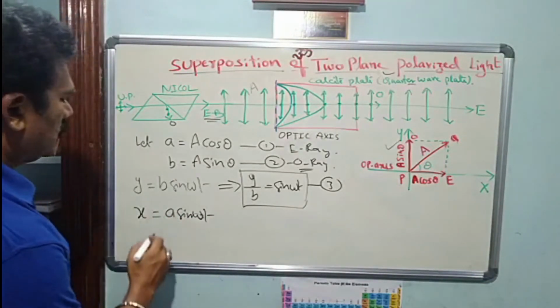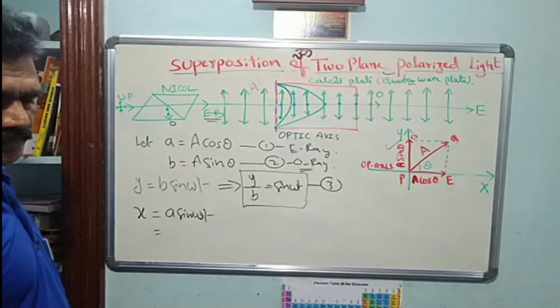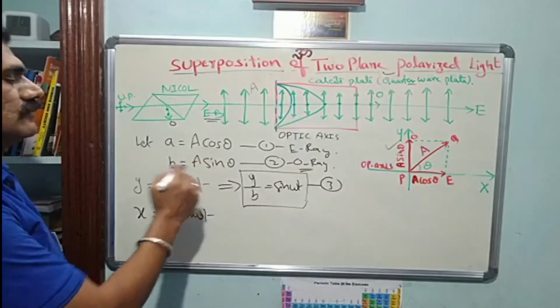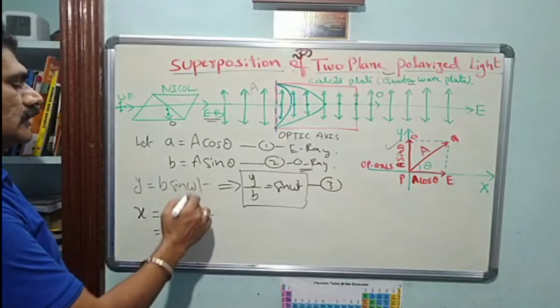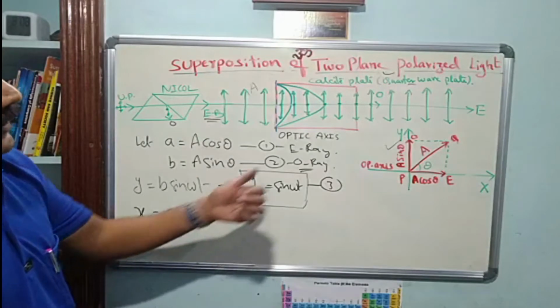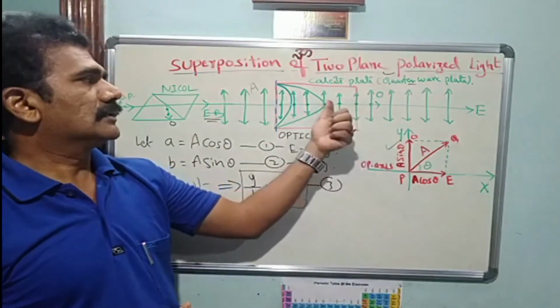Now what can we simplify for this equation? If you write omega t for both the waves, then there is no phase difference. In fact, the ordinary ray has a certain phase difference. It is lagging behind the extraordinary wave.